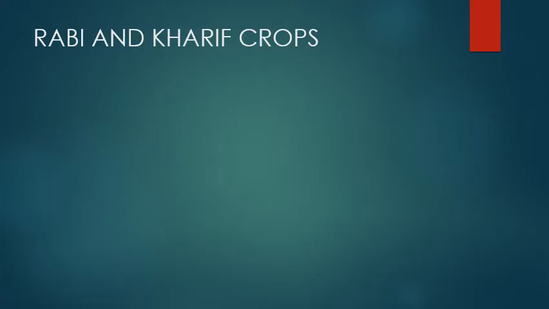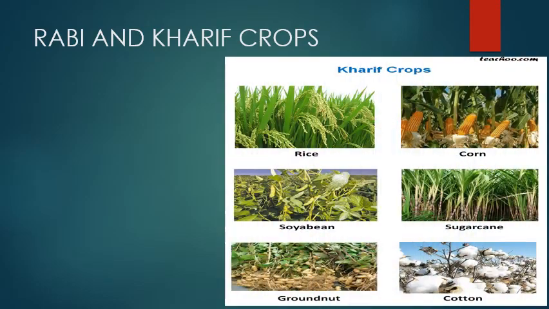When a particular kind of plant is grown in large numbers by a farmer in a particular season and at a particular place, it is called a crop. Now, according to the season, these crops can be of two types, Rabi crops and Kharif crops.